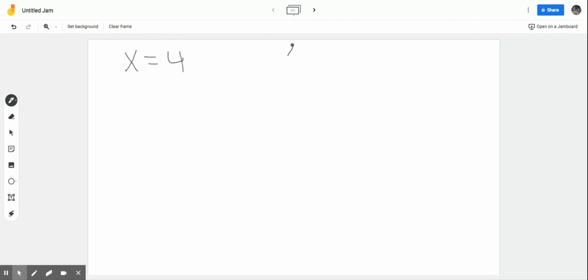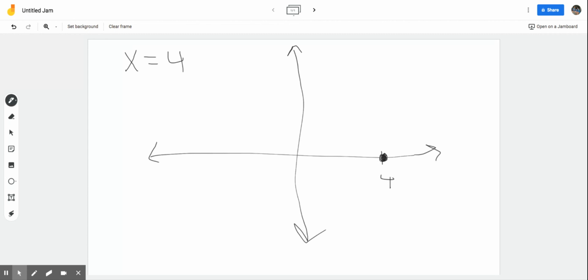So now we're going to look at a coordinate plane and see what that looks like. If x is equal to 4, that means y is equal to 0. So then we'll go x, 1, 2, 3, 4. So here's positive 4. And so that means that this right here is going to be my x-intercept.